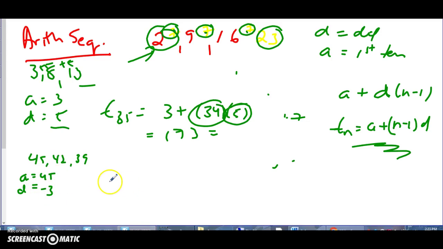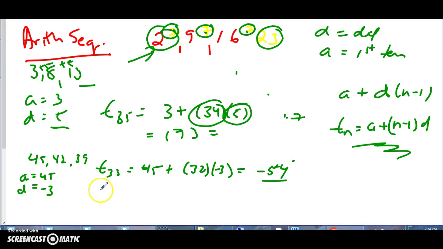If I wanted the 33rd term, I would just go T33 is equal to A, 45, plus the 33rd term minus 1 is 32nd. Okay, so n minus 1 is 33 minus 1, 32, and times the difference, which is minus 3. 32 times minus 3 is minus 96, plus 45 is minus 54.